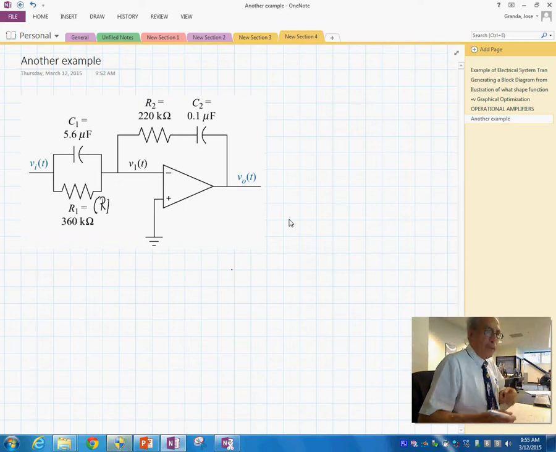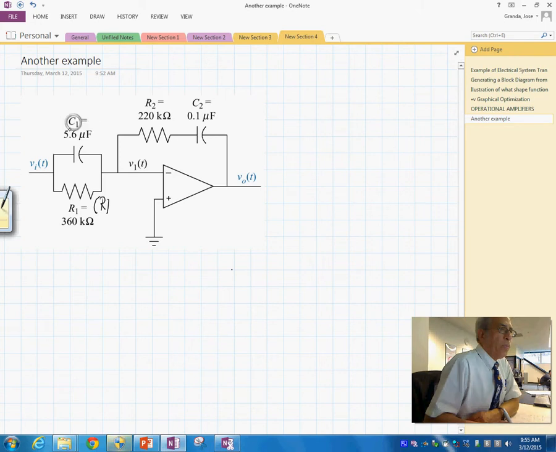The first thing that we gotta do, as I started doing, is to put the impedances of these elements. Remember, this was 1 over CS. This one was just R. Let's call it R2.